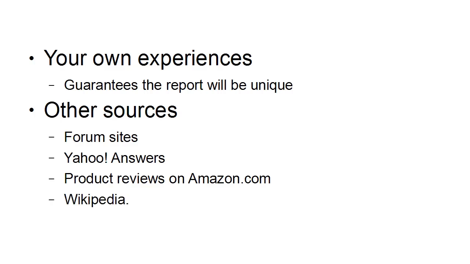And of course, Wikipedia has a lot of information that you can incorporate into your reports. Something else that you can use is PLR materials. PLR stands for private label rights. These are materials that people write and sell, and then you can simply rebrand them, put your name on them and put them out.